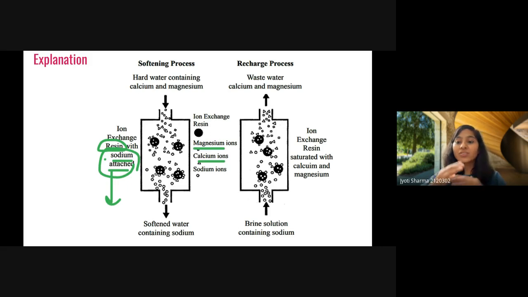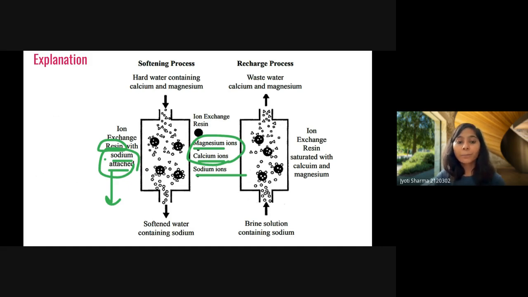So this is how we are exchanging the ions. We are releasing sodium, but absorbing that calcium and magnesium, and this is how ion exchange is very effective in softening the water, because we are removing this calcium and magnesium, and releasing some sodium ion into your water. So this is how it works.